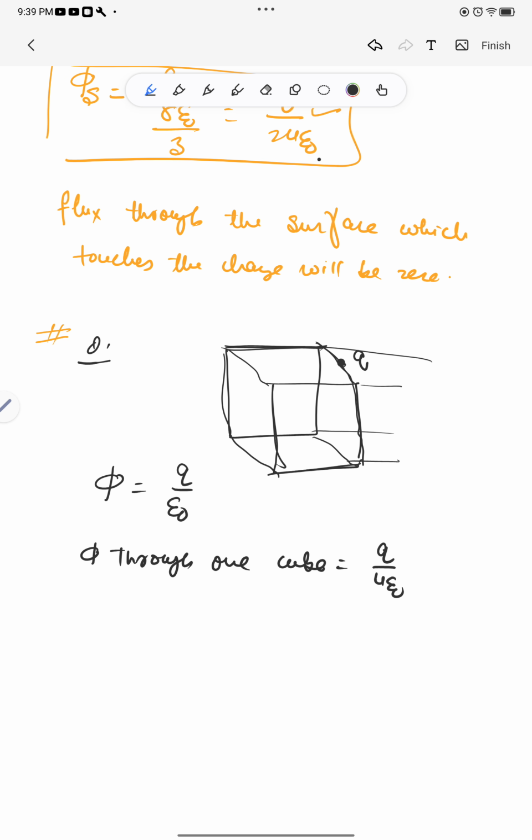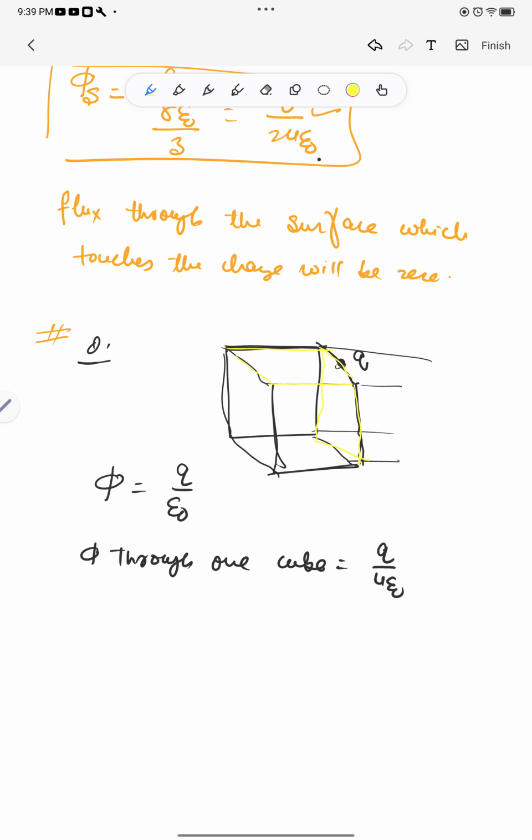Now we want to calculate the flux through a single surface of this cube. The surfaces which are touching this charge will have no flux, and when the charge is at the edge of the cube, the surfaces touching this charge will be this surface and this surface.